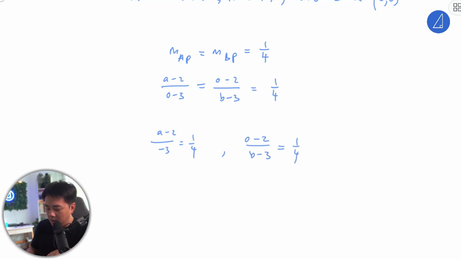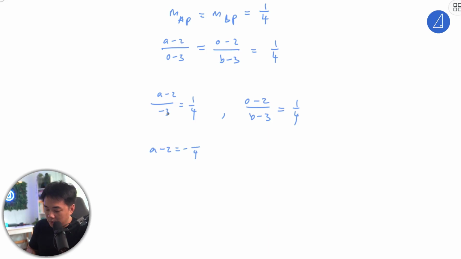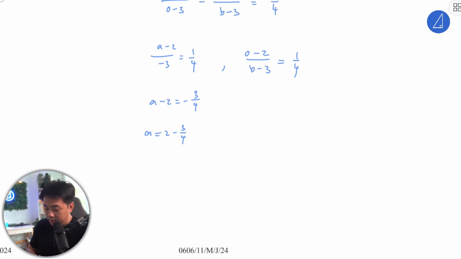Just solve for A and B, that'll be okay. So just cross multiply, negative 3 over 4. Then A equals 2 minus 3/4. Key in the calculator, that'll be 5/4.